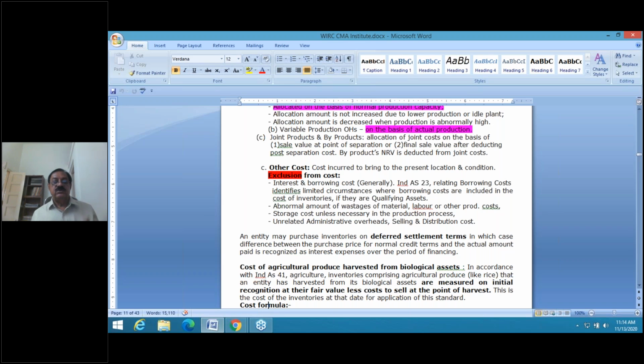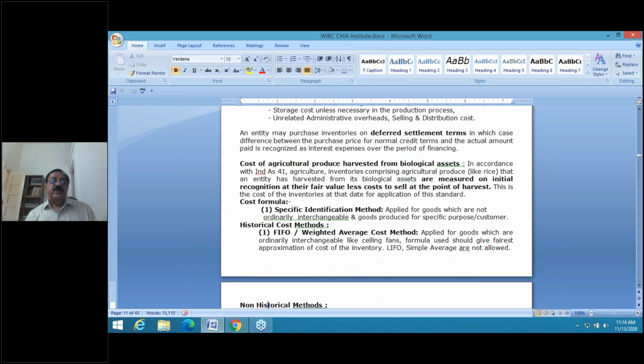In case of wine, you have to store it for a longer period of time before it is ready to sell. It is a part of its production process. In that case, storage cost will be added. Otherwise, normally the storage cost is not to be added. And similarly, unrelated administrative overheads, selling and distribution costs are also not part of the cost of finished goods inventories.